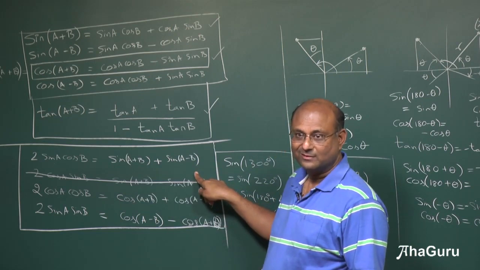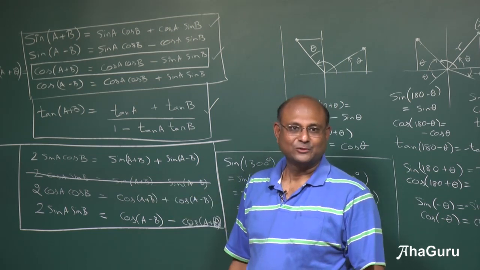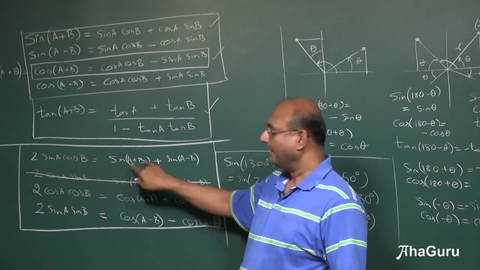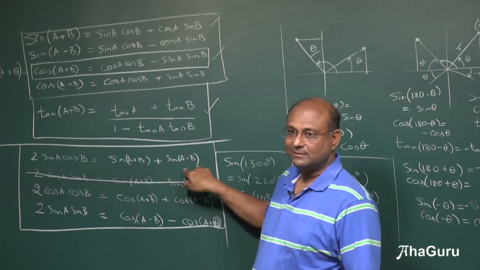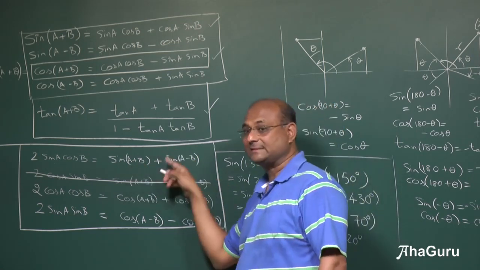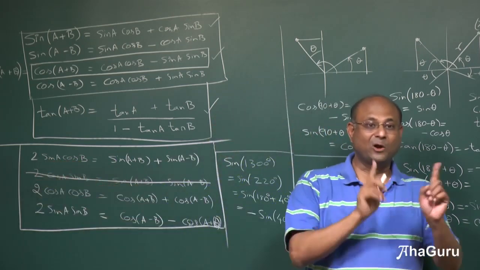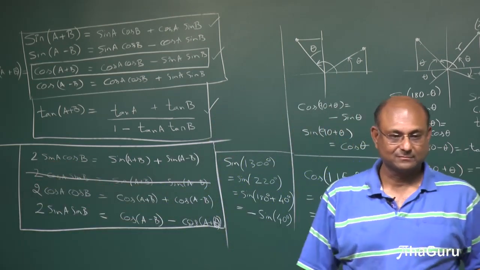It is, no? Except the x and y look weird because it is A plus B. So usually people call this C and call this D. Which means you can write sine C plus sine D in terms of a product of sine and cos.